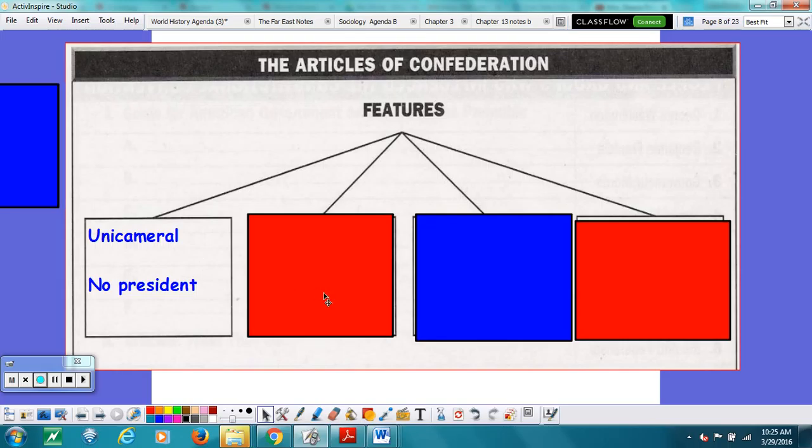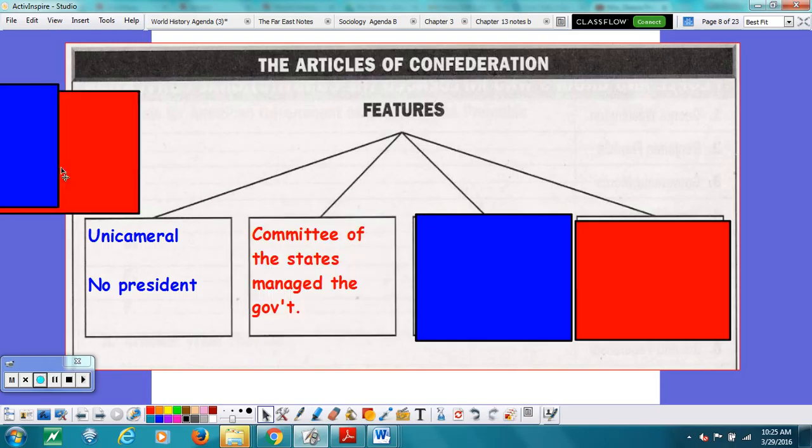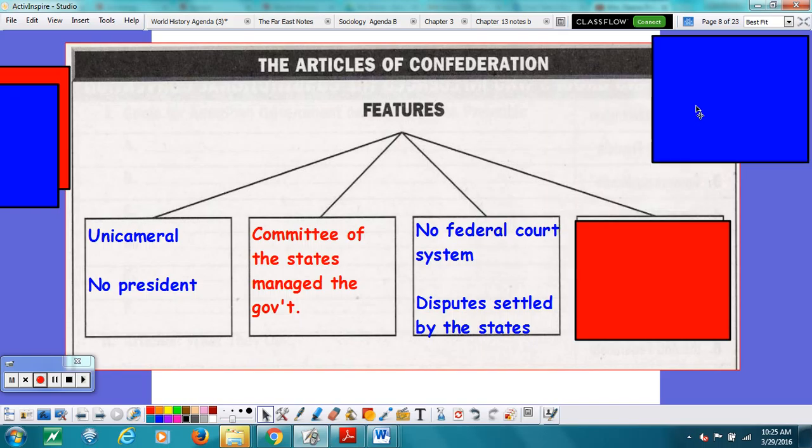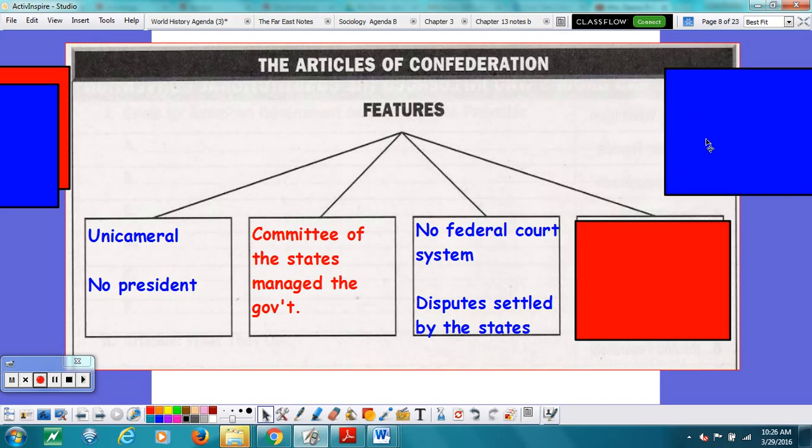There was no president, so to carry out a law and have it enforced was nearly impossible. When the unicameral was not in session, there was a committee of states that managed the government. The states would take turns to make sure that things were being done on a day-to-day basis.